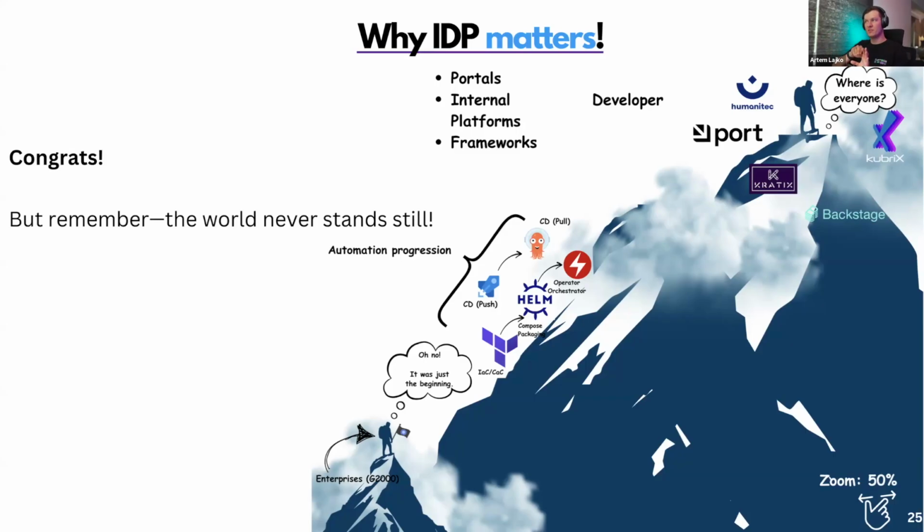On the other side, in the market, a lot of IDP providers have been building, trying to solve some problems, building things like portals. A portal is not an IDP, like Humanitec, maybe you're aware of it, Gratix, Backstage as a framework, Kubrix as an opinionated IDP. Then they realize, and I get a lot of requests like this, that they can sell an IDP to their customers.